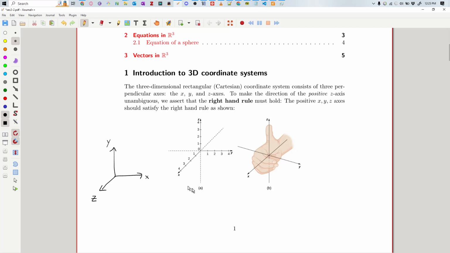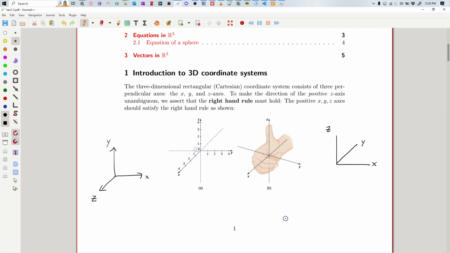Okay. A remark I should make is that this way of orienting our coordinate system is the textbook standard way of doing it. I've seen people do this: x, y, and z. That also would work.